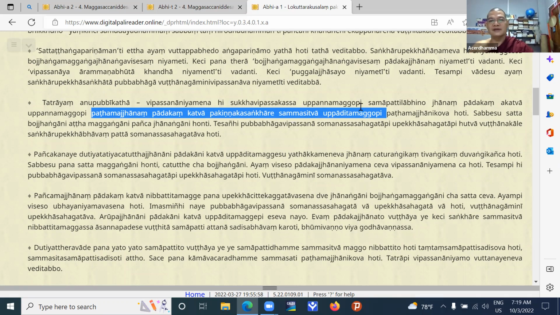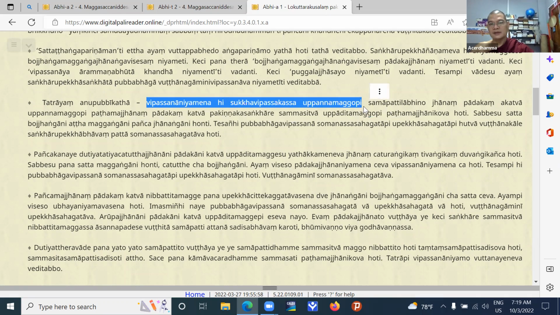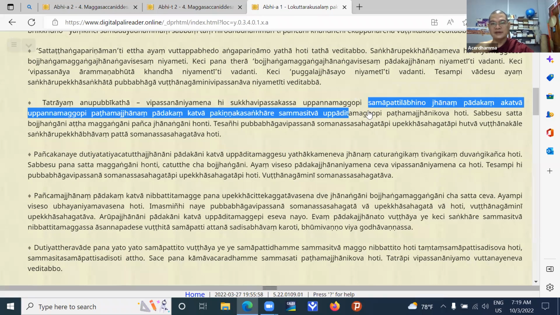There are 3 kinds of magga here. The first is for the one who doesn't attain any jhana. The second and the third are for the jhana attainers.